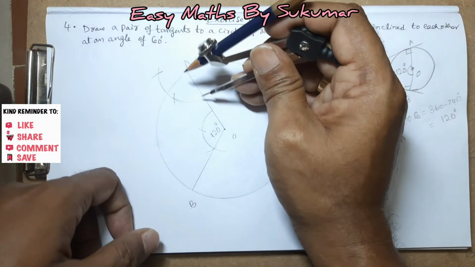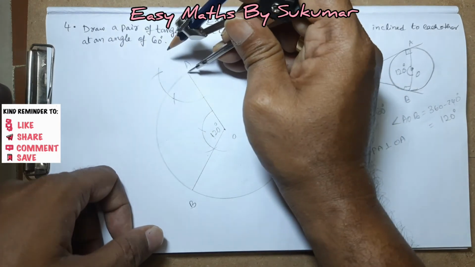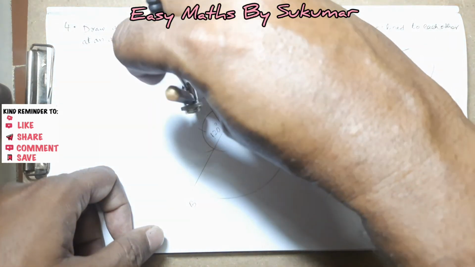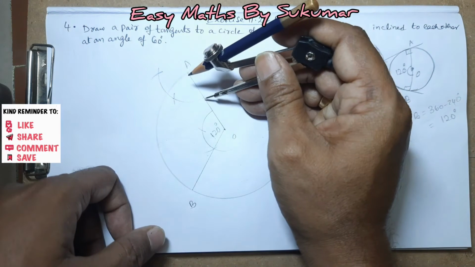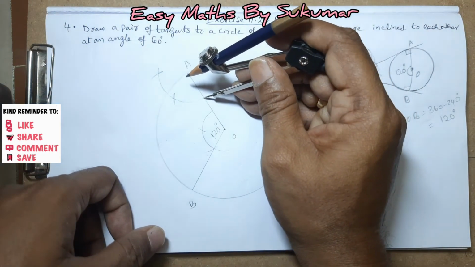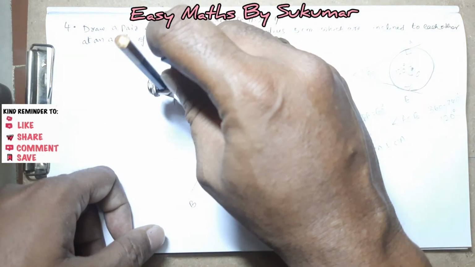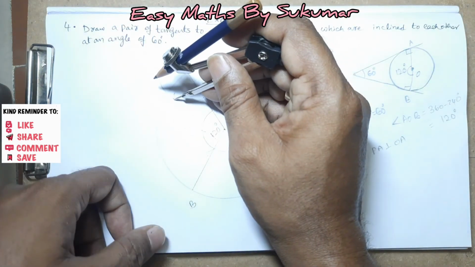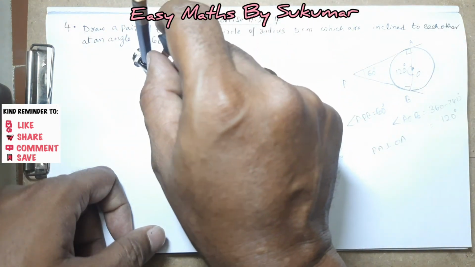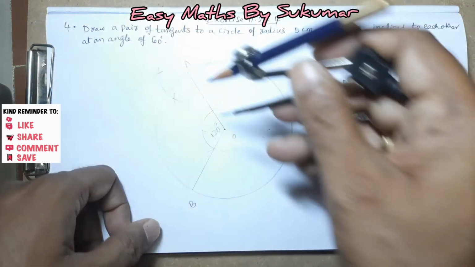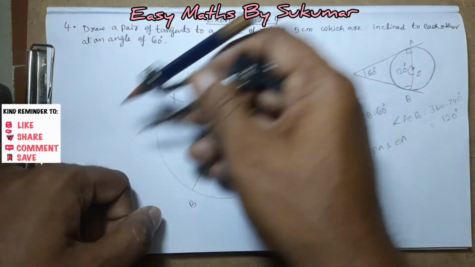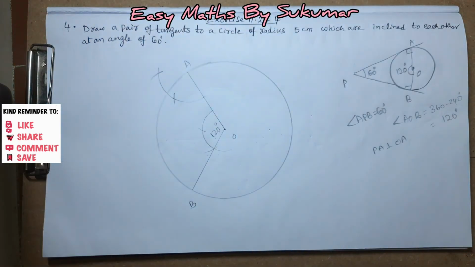Understand? So with A as center, what I did here, just draw an arc like this, and it intersects over here. Now from here to here, just draw an arc, and from here to here also draw another arc. What I am doing here is I am constructing an angle of 90 degrees.